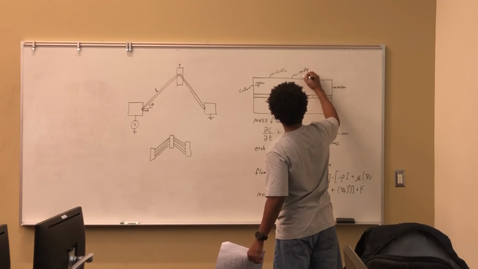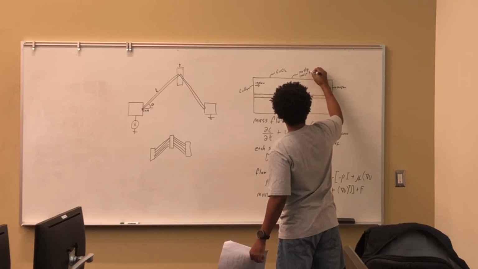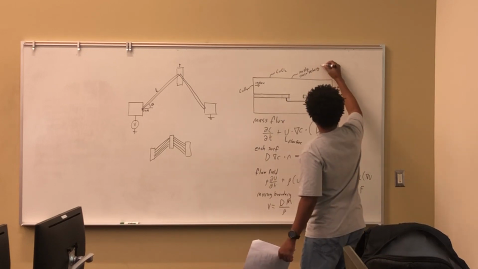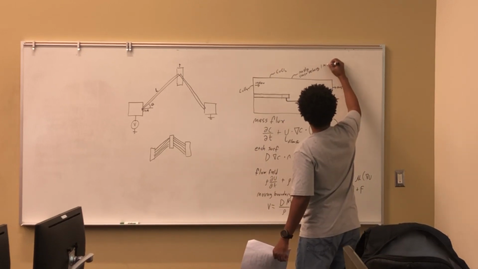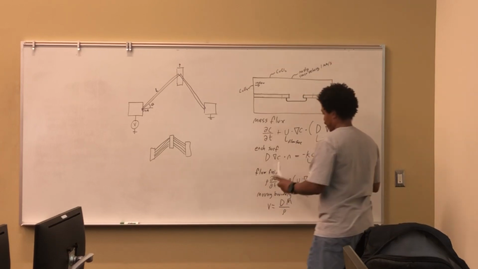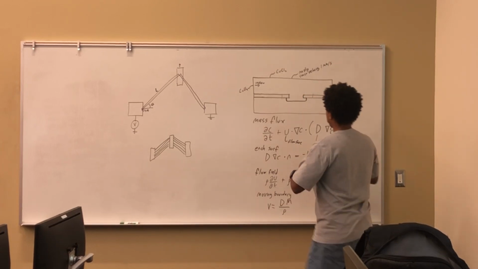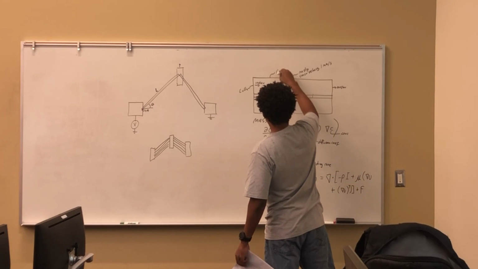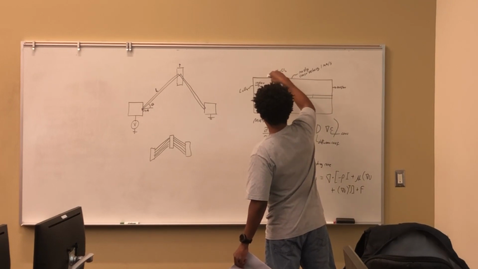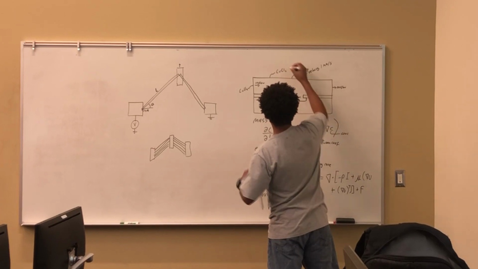However, it's going to be at a constant velocity. I believe we're going to do 1 millimeter per second. So at this boundary right here, the etchant is moving along at this bulk concentration.